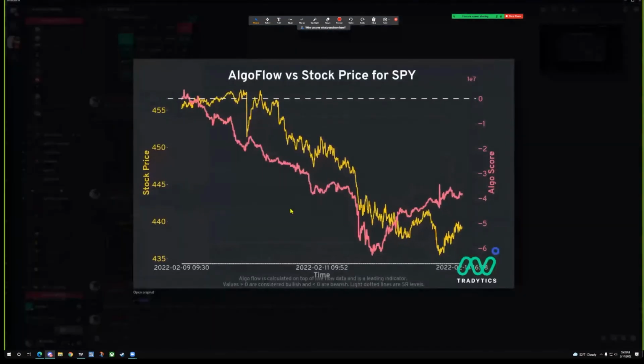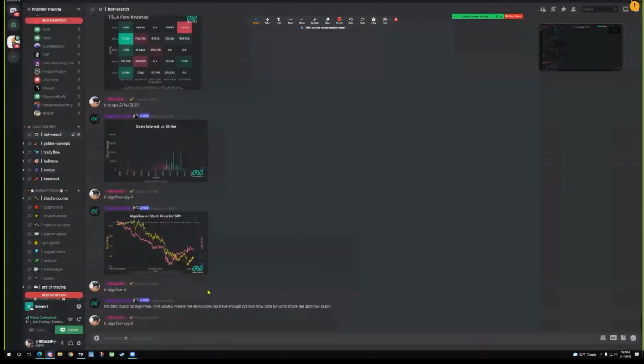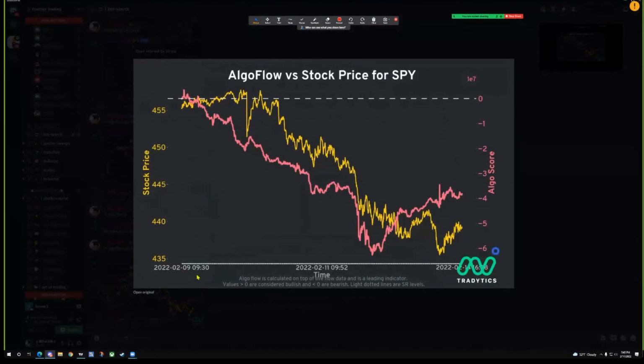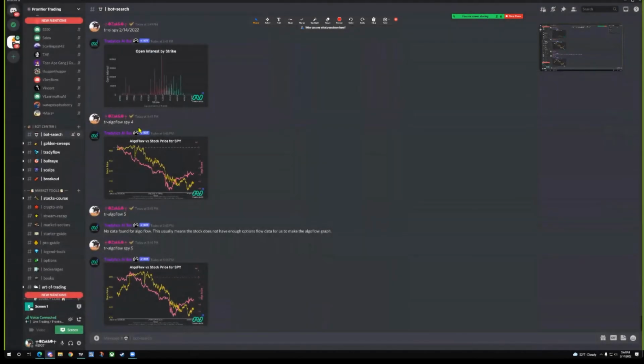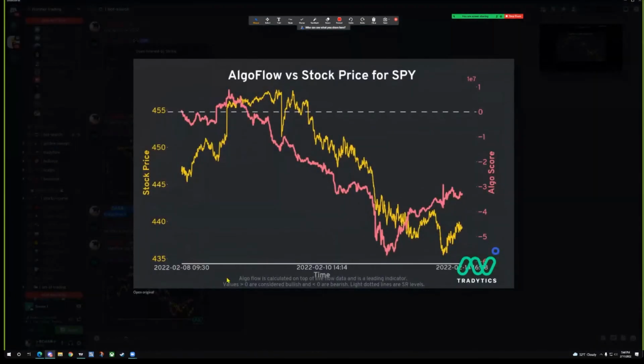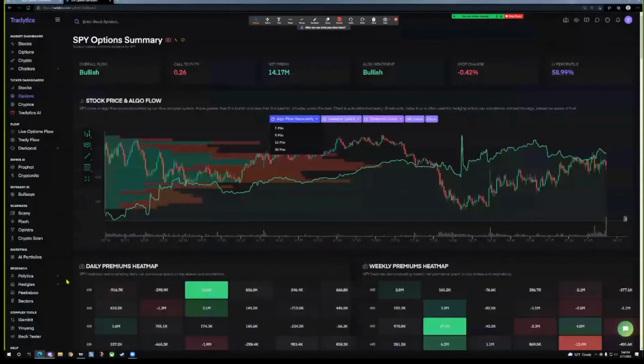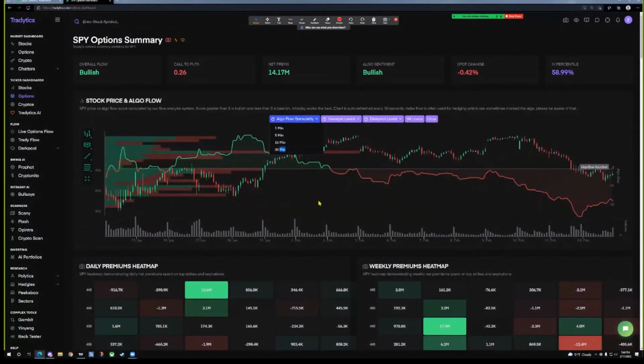You can see this one goes from 2/9, which is the Wednesday of last week, 2/11, which was the Friday of last week, and then 2/14, which is today. So 3 days. If you search up 4, it gives you 3 days of access. Search up 5, it seems like it gives you 4 days of access. Now, if you have the website, it seems like you can go really, really far back. I think it's a bit laggy from what I heard. If you have this one, it lets you go way, way back, but not really needed.